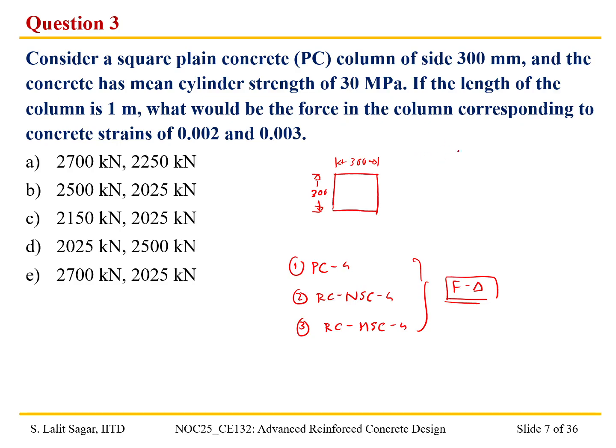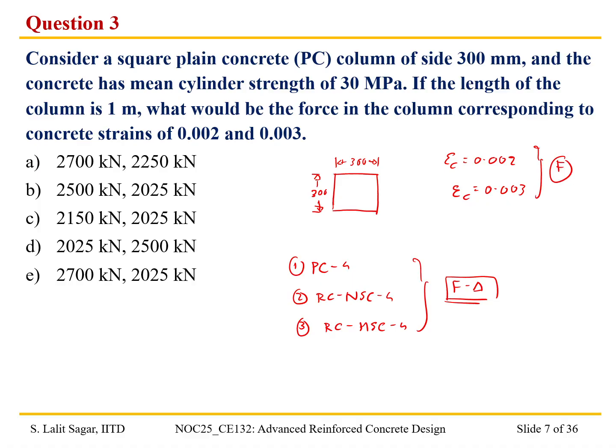We need to determine what is the force in the column corresponding to concrete strains of 0.002 and 0.003. Correspondingly, we need to find out what would be the force or load in the column.